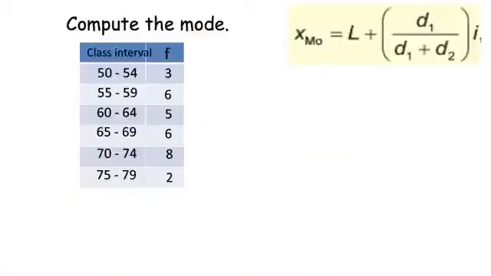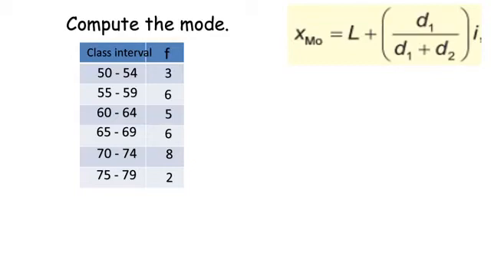Now, I'm going to be presenting to you another example, but this time, I will not be showing the class boundaries. So, in my second example, I will not be showing the column for the class boundaries. Right away, I will determine the highest frequency.